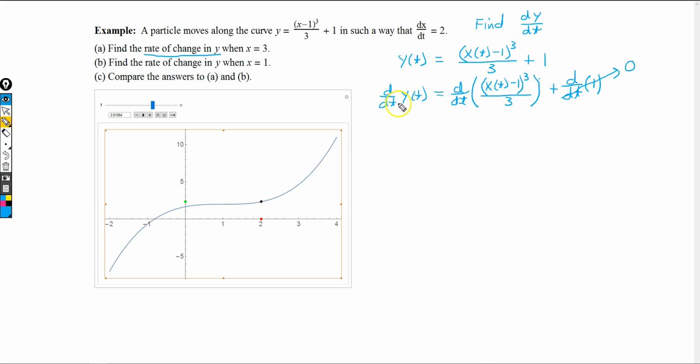So we need to find the derivative of this piece right here. This side is dy/dt. That's what we need to find, so we'll just leave it over here. Now, to differentiate this, we're going to have to use the chain rule. We're going to have to first differentiate with respect to x, and then multiply by dx/dt. So we're going to do this.